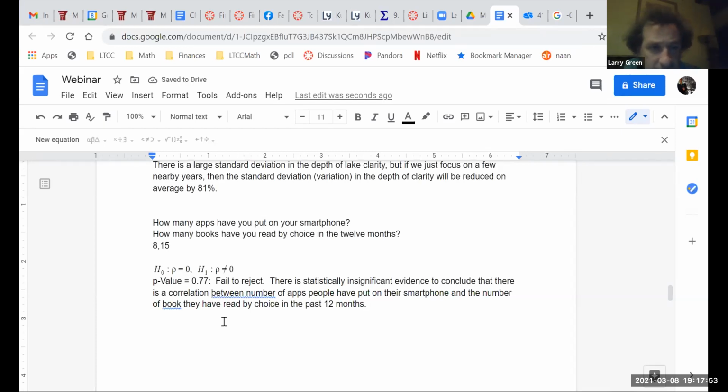Any questions on this interpretation or this conclusion based on the p-value?